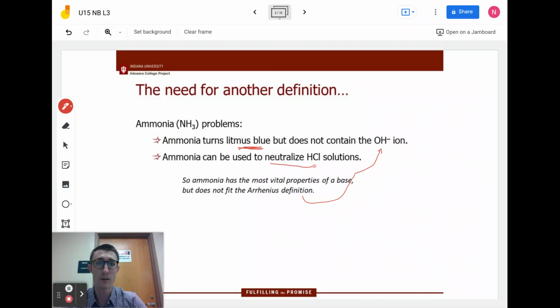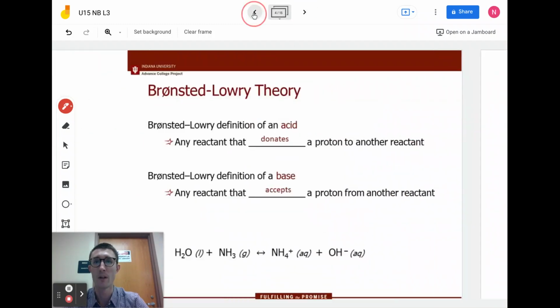Ammonia also can be used to neutralize hydrochloric acid solutions. So if something turns litmus blue and can neutralize hydrochloric acid solutions, it is a base. So we have to take on another definition for what is a base. What we're going to explore is the Bronsted-Lowry definition of acids and bases.